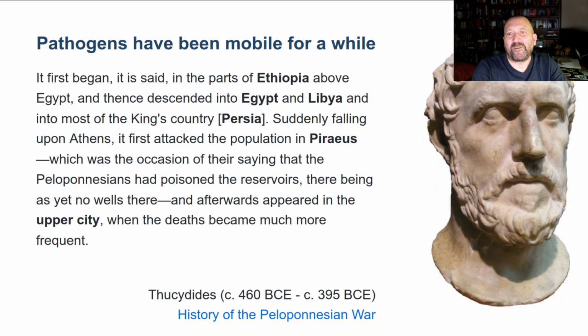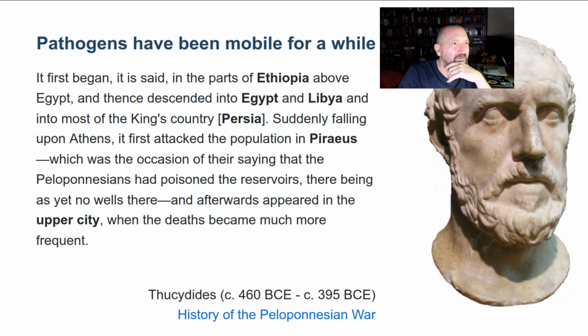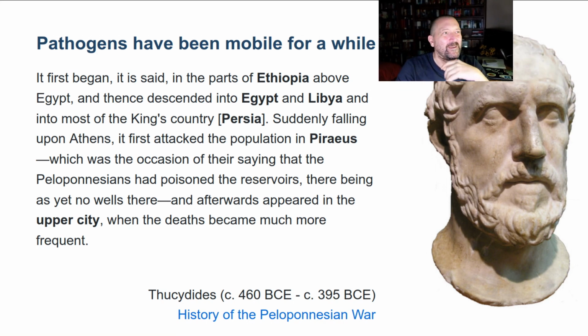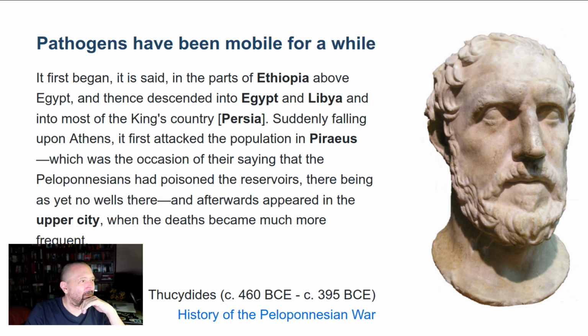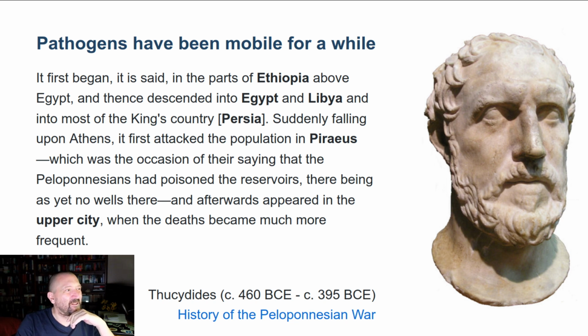So when I speak about mobility, I always spend a little time with this slide. Let me not hide as little as Thucydides as I can. So Thucydides was one of the first historians, and he was alive during that plague of Athens that I mentioned briefly in the first lecture.